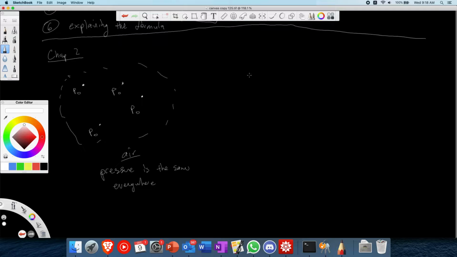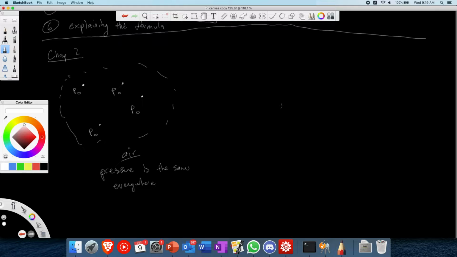When people say I have this CO2 cylinder and it has a certain pressure, they just say one number, right? That makes sense because the CO2 is only at one pressure. It's the same everywhere in the gas.